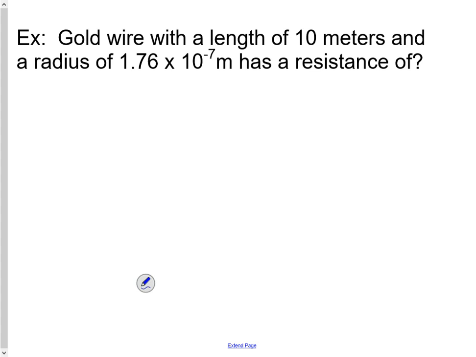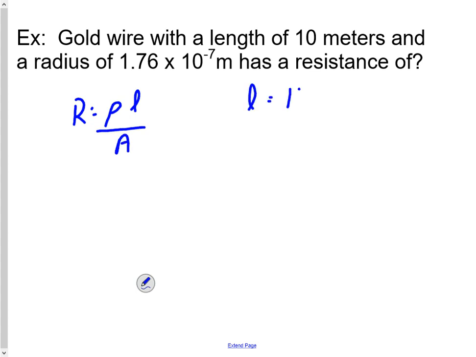We have gold wire with a length of 10 meters and a radius of 1.76 times 10 to the negative 7th meters. What is its resistance? Now what I'd like you to do is pause this and give it a try, and then look at the answer. For now, I'm going to write my equation, and then I'm going to write down my knowns.